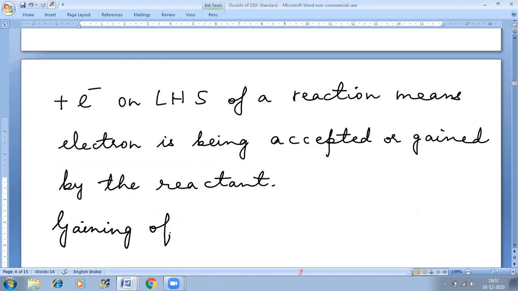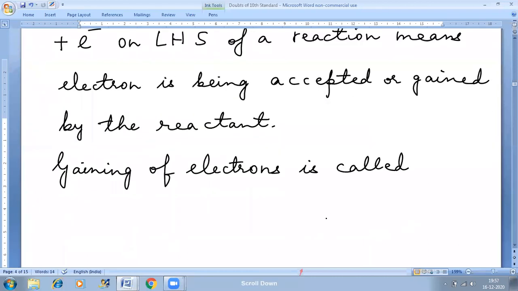What is gaining of electrons called? Gaining of electrons is called reduction.